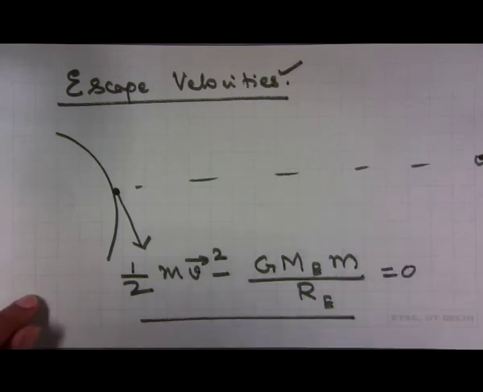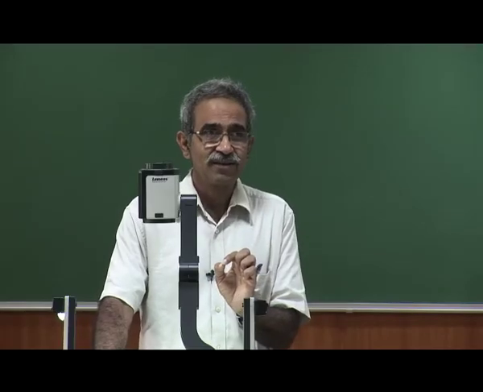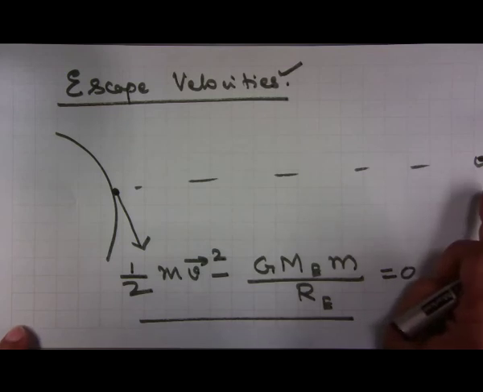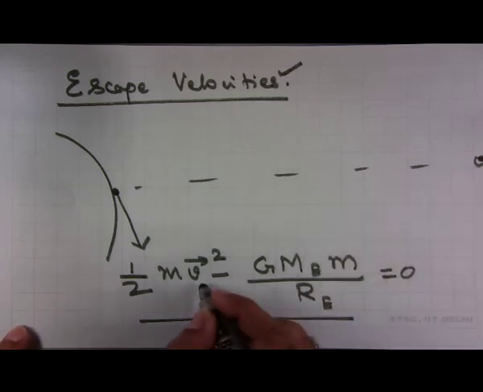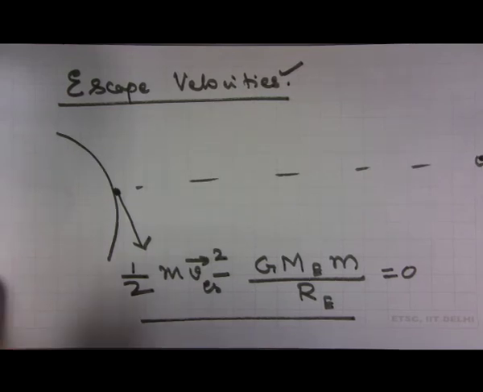Because we said that an object at rest at infinity will have 0 energy. So the bare minimum energy that is required for the object to escape from the surface of the earth will be given by half m v_escape squared is equal to minus G M m by R.